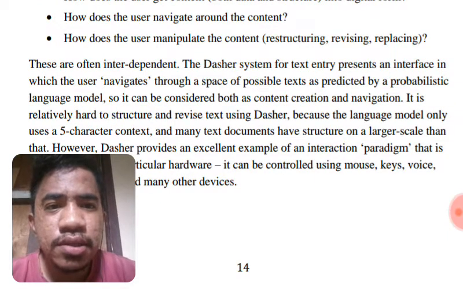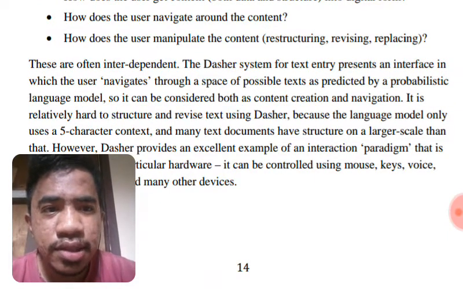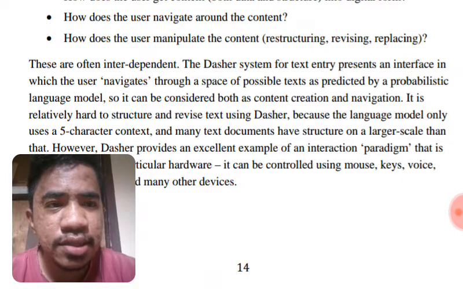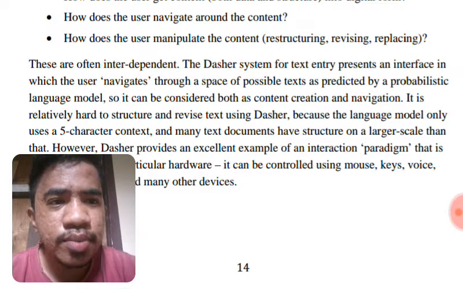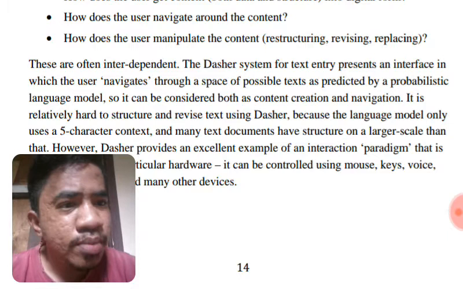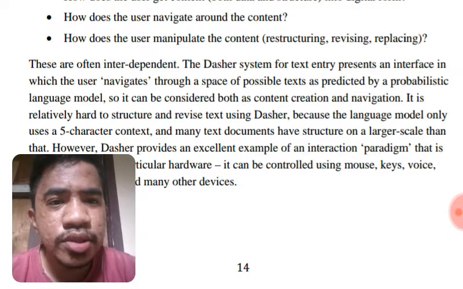These are often interdependent, and the Dasher system for text entry presents an interface in which the user navigates through a space of possible text as predicted by a probabilistic language model. So it can be considered both as content creation and navigation.